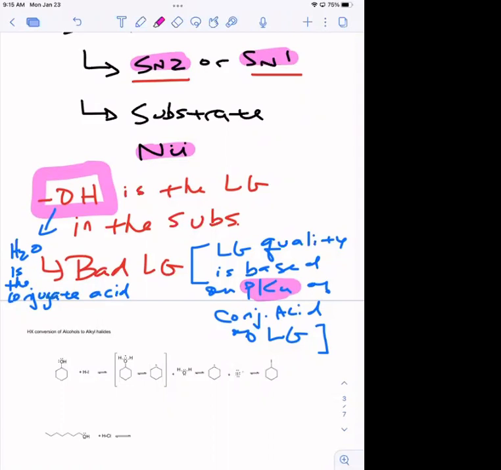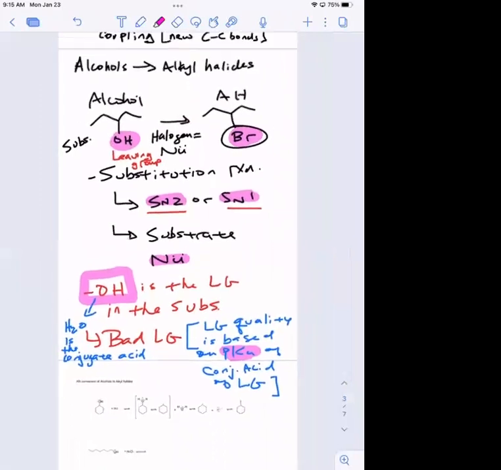All right. So one of the main things about this reaction is that since OH is a bad leaving group, every one of these reactions is going to have one step in it where you convert OH into a better leaving group. And that's in the video that I sent out. Every one of these reactions that we're going to talk about, the first step is always to make OH a better leaving group.